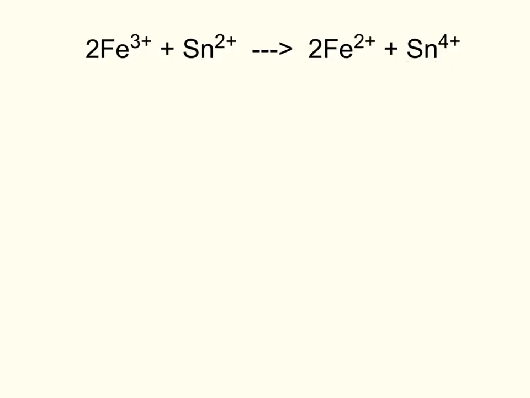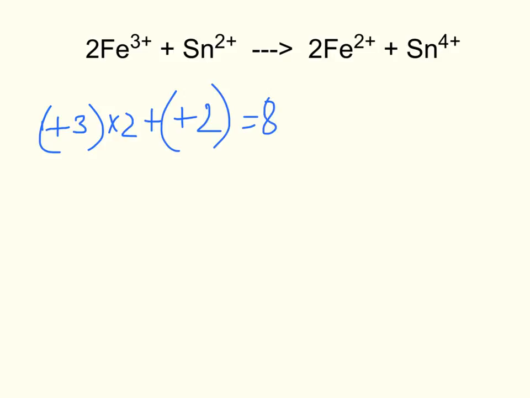So the mass is conserved, and the charge, if we look at the charge on the left, we have oxidation number plus 3 on the iron times 2 plus 2, the oxidation number on the tin, which together gives us plus 8.